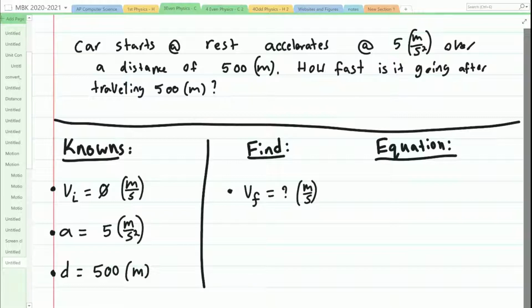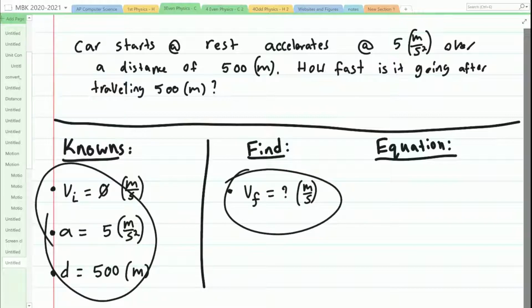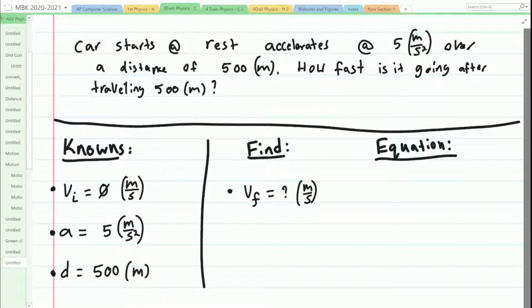All right, where are you lost? This is the time to ask me. Are you confused about this part, the find and equation part?